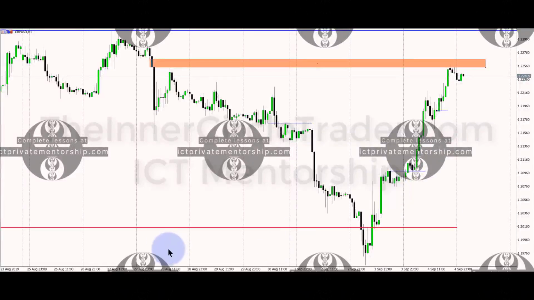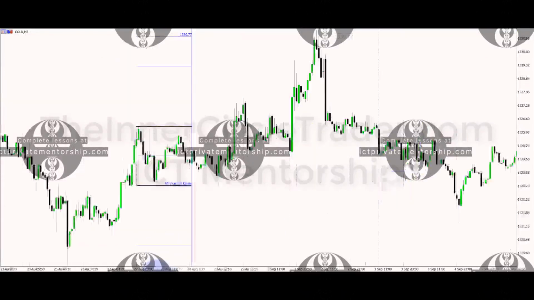I just want to roll right over to gold for a moment. And here's Monday's trading, the New York opening range concept I gave you this past weekend, and projected daily high 1530.77, and it went to a high of 1531.09. Not bad.